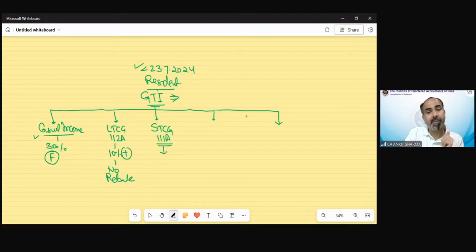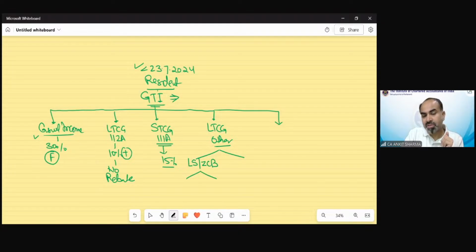What would be the rate before 23rd of July? It was 15%. Clear? Then long-term capital gain, other long-term capital gain, and they would be of 2 kinds: other long-term capital gain that could be listed security or zero coupon bond.